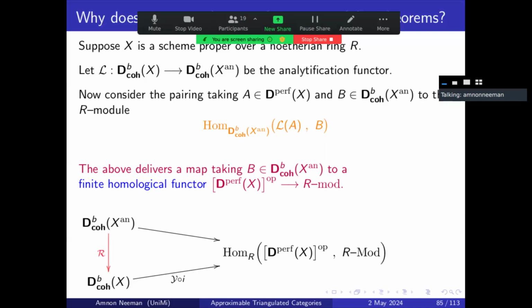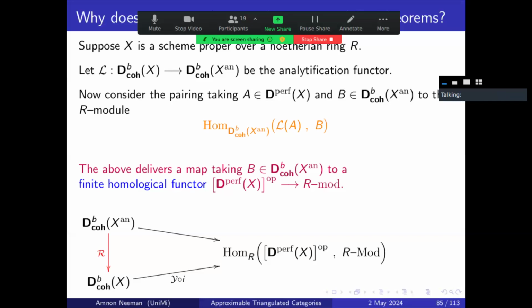So therefore, there's a functor R which makes this triangle commute up to a canonical isomorphism. So, in other words, out of thin air, we have produced a functor which takes a coherent analytic sheaf and produces out of it something algebraic. It's a piece of black magic.